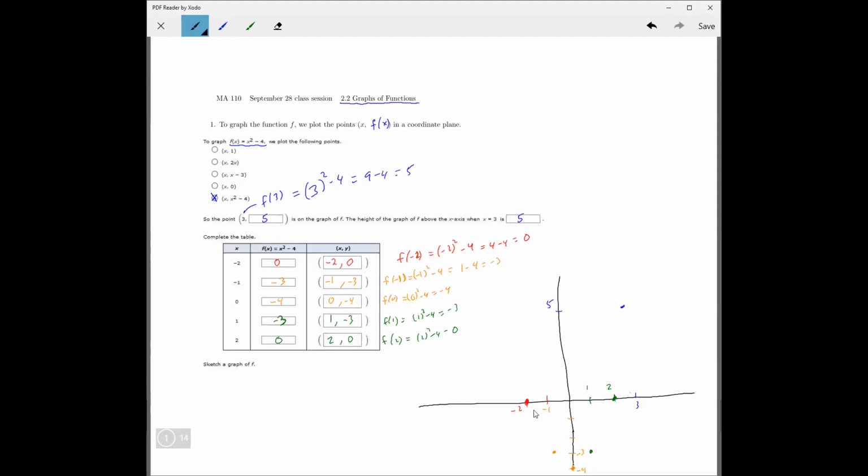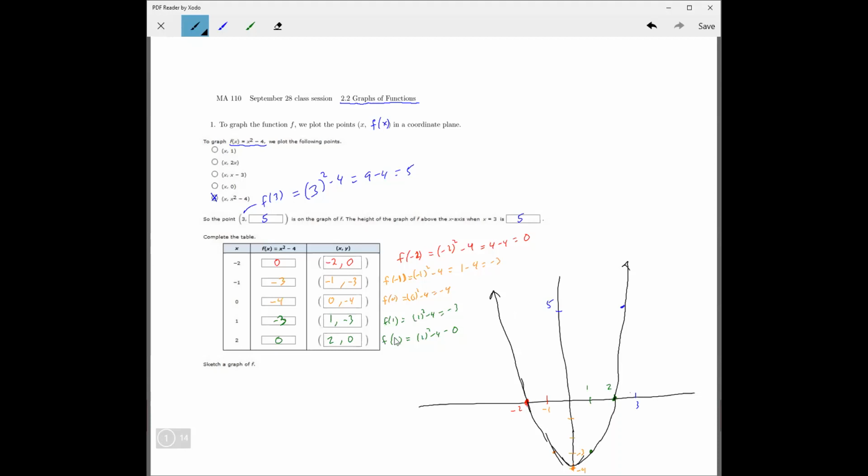But you kind of get the idea. The sketch will be something that goes through all these points, something like that. And in the questions, it looks like the first graph will be the answer.